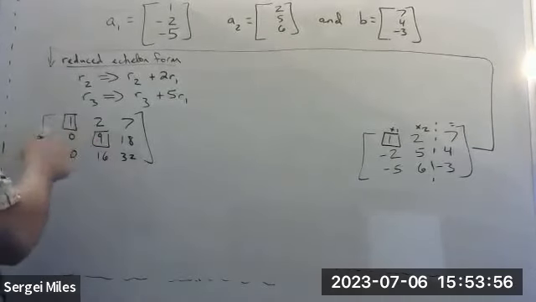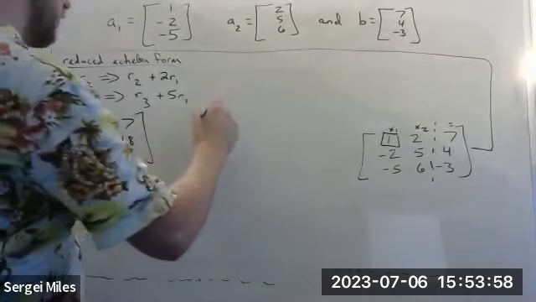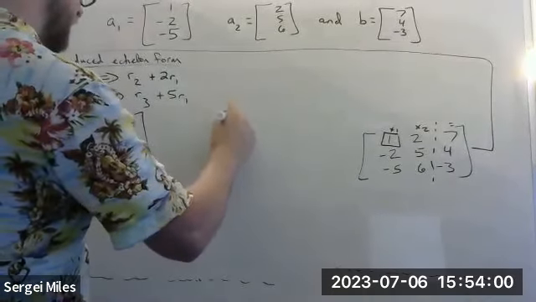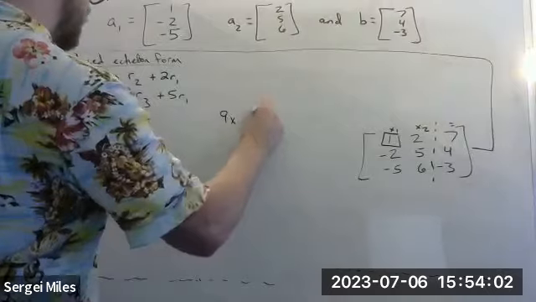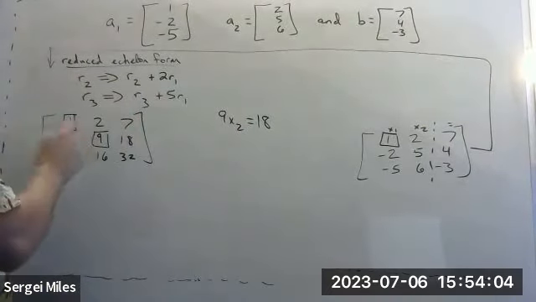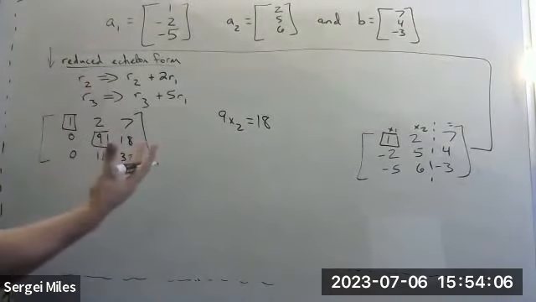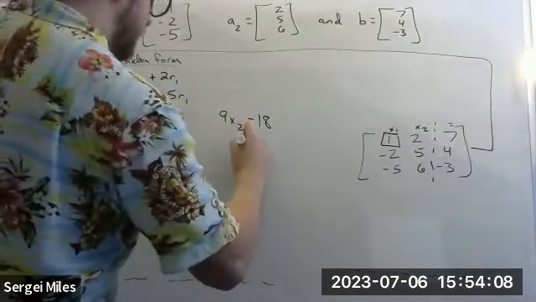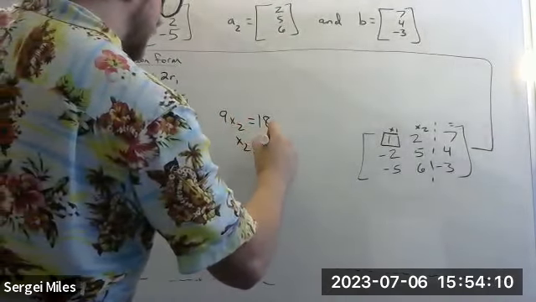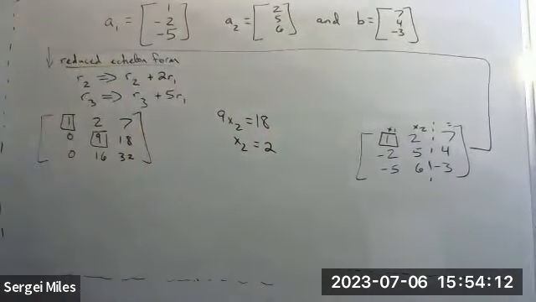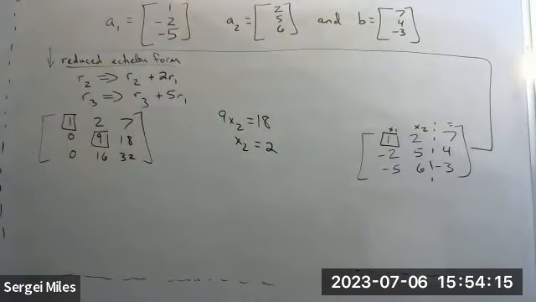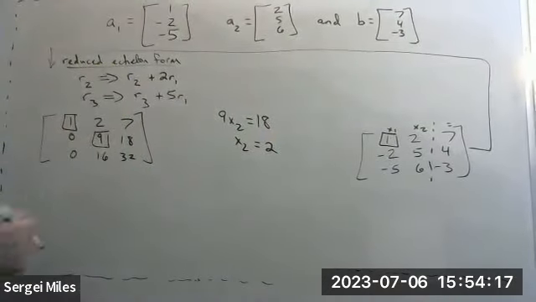Remember, row 2 here is really just the equation 9x2 equals 18. Well, if I divide the equation by 9, that's really the same thing as saying x2 equals 2, right?